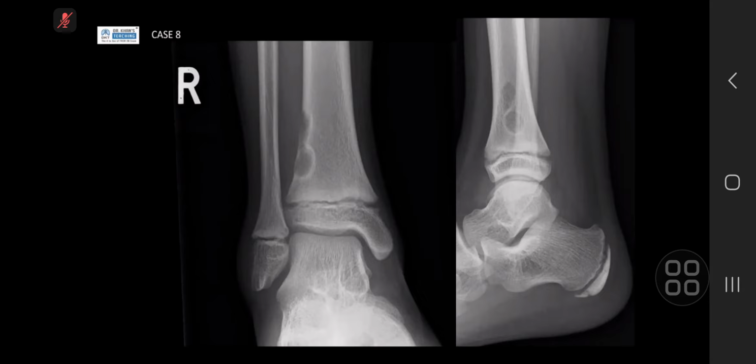Candidate 2? Yeah. So I'm given the frontal and lateral radiograph of the right ankle joint of a skeletally immature patient.